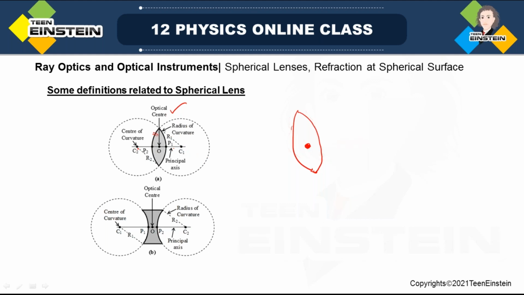And if you join these two centers with a line and extend it, you get what is called the principal axis, similar to a mirror. So you have two centers of curvature here and here. You just join them with a line and extend that line, and you get the principal axis.